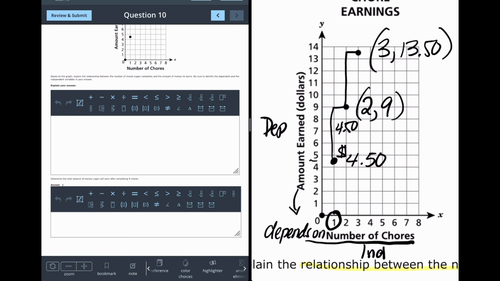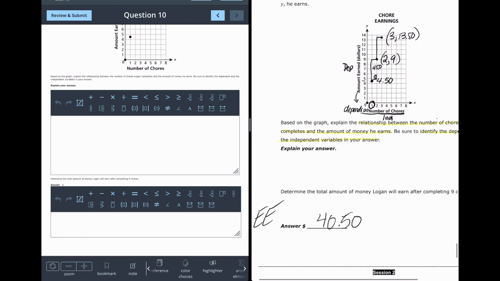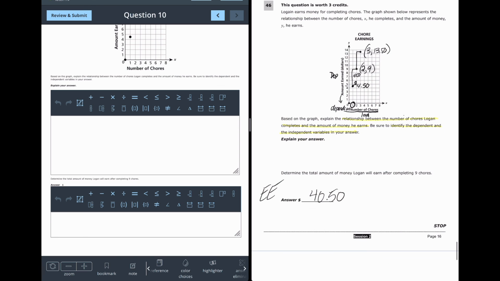So I can see very clearly that he earns, and this is what I would write in there, he earns $4.50 for each chore he does. And I have to answer the other part.